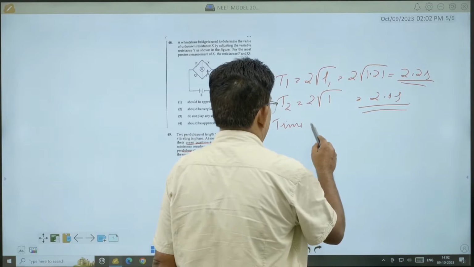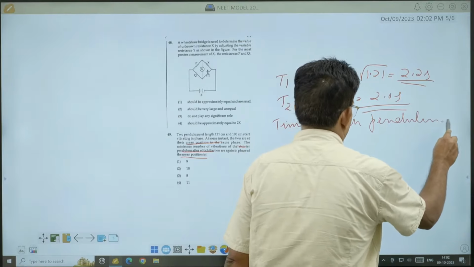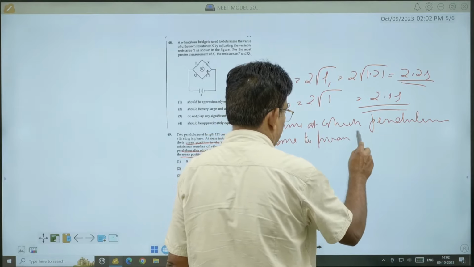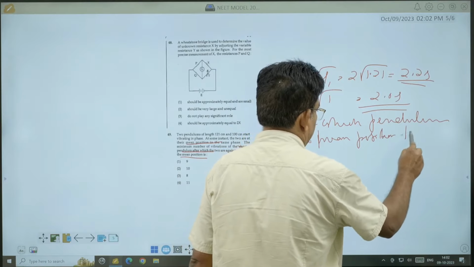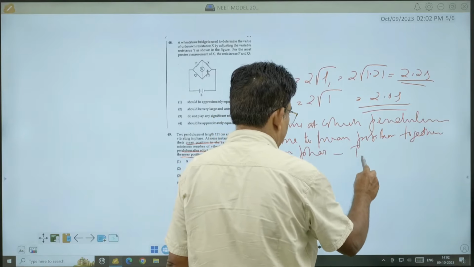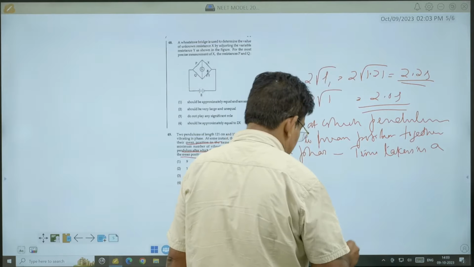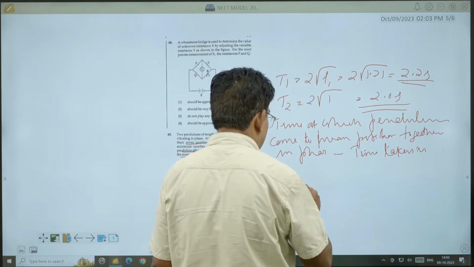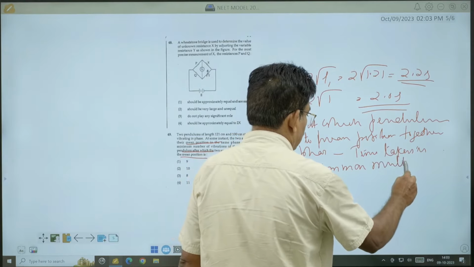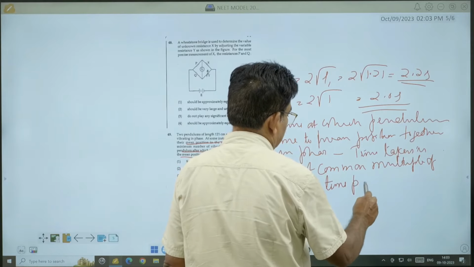Therefore, the time at which pendulums come to the mean position together in phase is the least common multiple of their time periods.